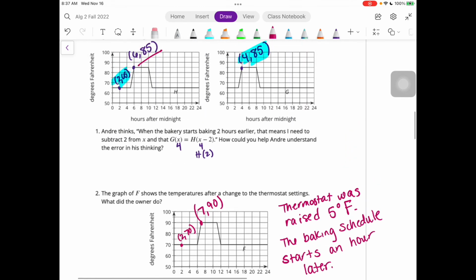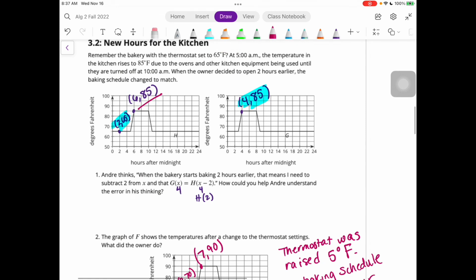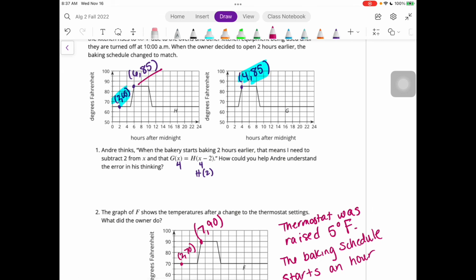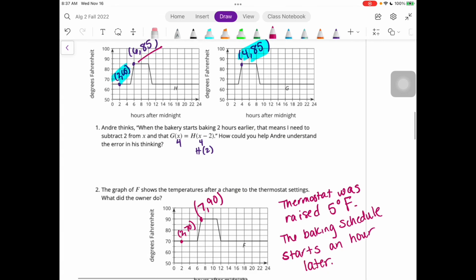So up here, if we go back to h, we know that we are adding 5 to our temperature, and we're starting an hour later, right? We're starting an hour later.